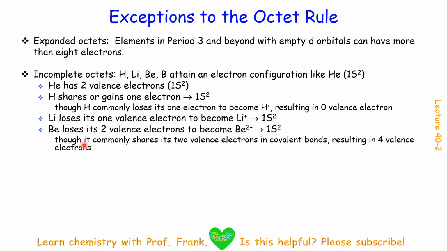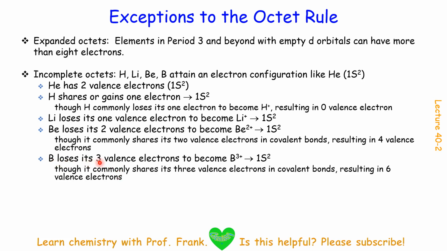Beryllium can lose its 2 valence electrons to form the Be2+ ion with an electron configuration of 1s2. However, beryllium normally shares its 2 valence electrons in covalent compounds, which results in 4 valence electrons surrounding beryllium.